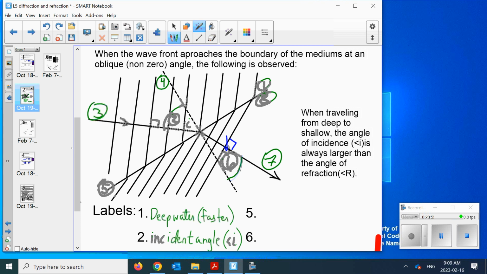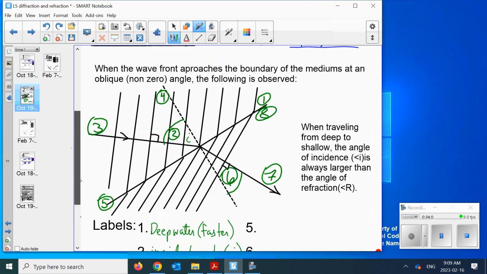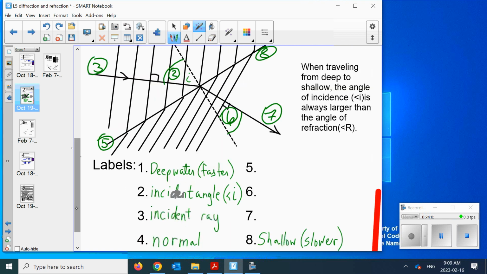Okay, right. Now, let me just label. There's the flag. I was like, where's the flag? Okay, there. The label I just mentioned, 6 and 7.